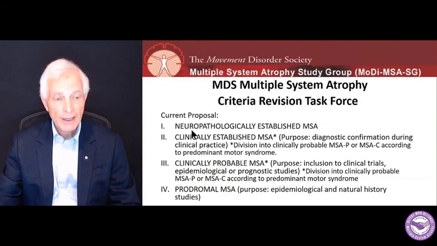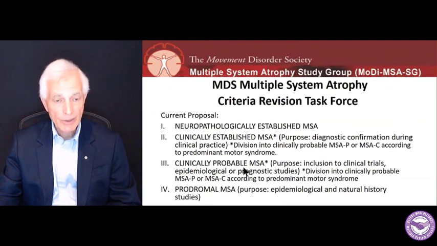We have criteria for neuropathologically established MSA, but now clinically established MSA, where we really think you can be very definitive about the diagnosis of this disorder, both based on Parkinsonism and cerebellar ataxia, all of which have the presence of autonomic failure.